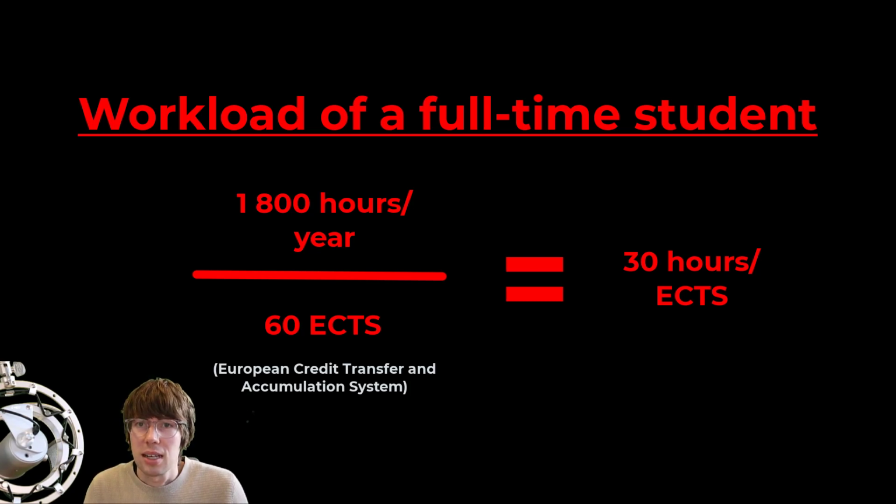But that means that we take 1,800 hours, which is the workload of a whole year, divided by 60 ECTS, and then we get 30 hours per ECTS. So one ECTS has the workload of 30 hours. So if you're taking a course that has 5 ECTS, that's going to be 5 ECTS multiplied by 30 hours per ECTS, for a total of 150 hours of workload for that course.